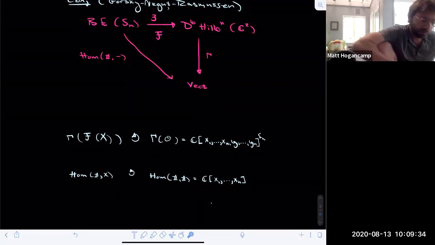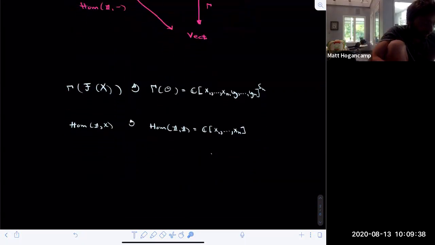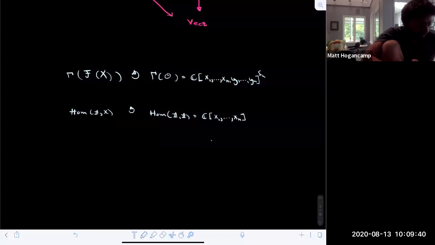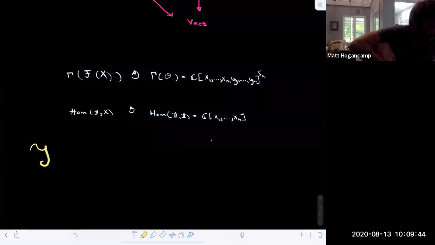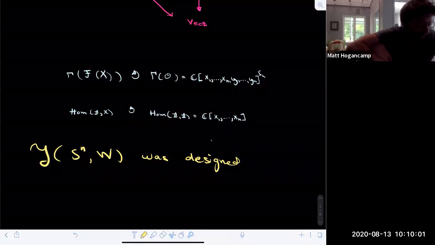So the more serious issue is the lack of y's, and the problem that this category curly Y was designed to solve. This category was designed to replace the category of Soergel bimodules in this conjecture.